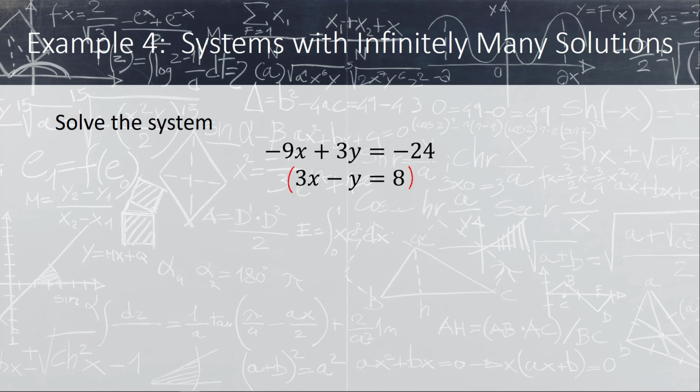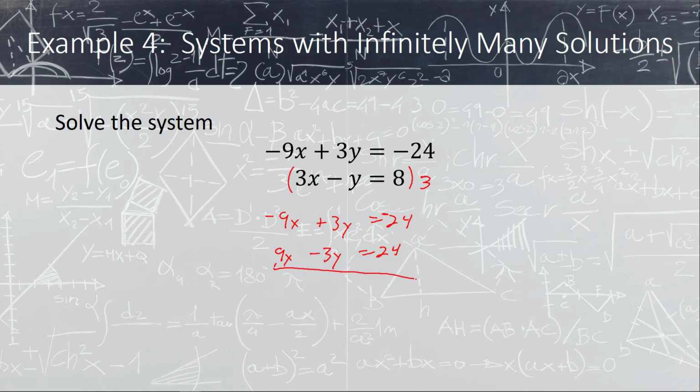Okay, so what we're going to try to do is eliminate the x's. So what I'm going to do is multiply the second equation by 3. And if I do, I will have, well, let me rewrite the top equation: negative 9x plus 3y is equal to 24. And then for the bottom equation, I'm going to have 9x minus 3y is equal to 24. This should be negative 24.